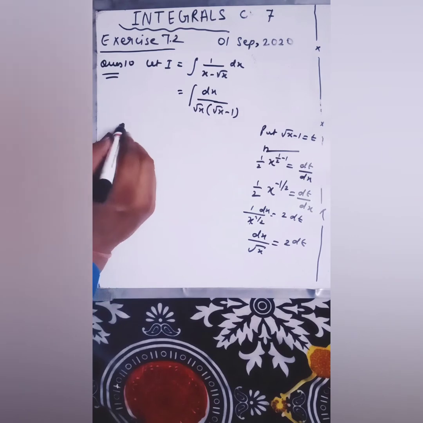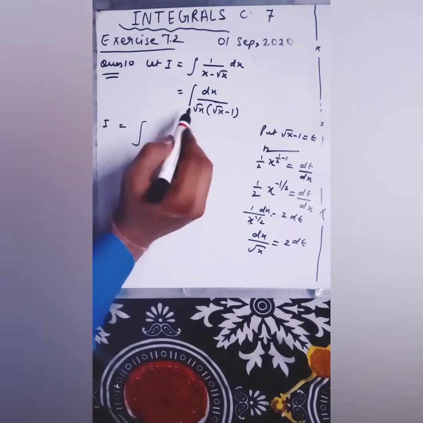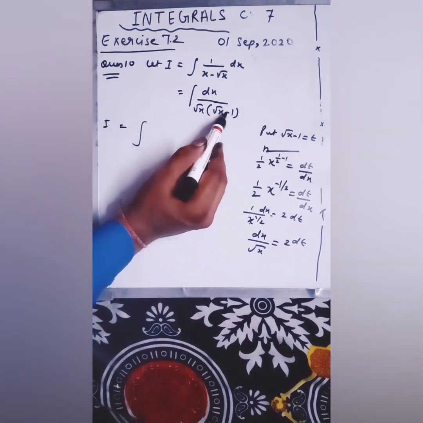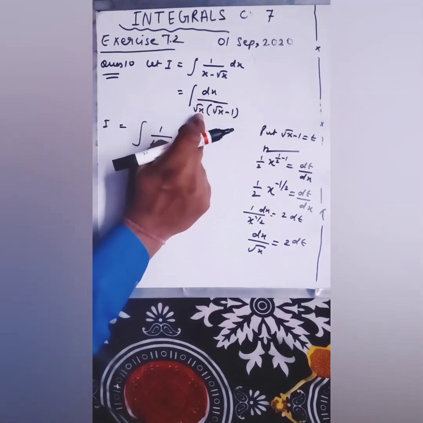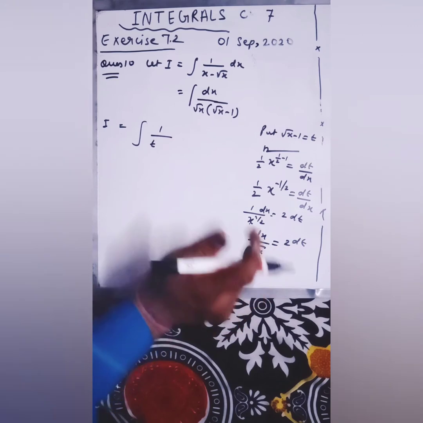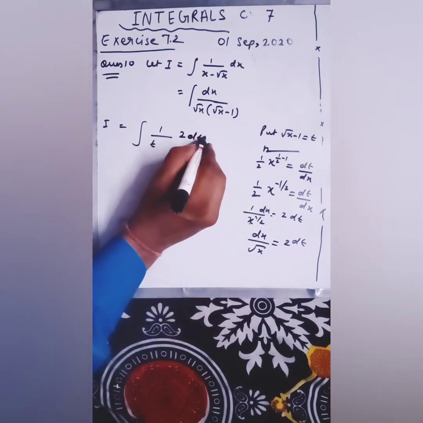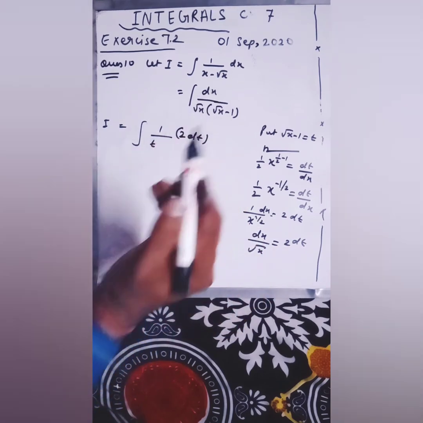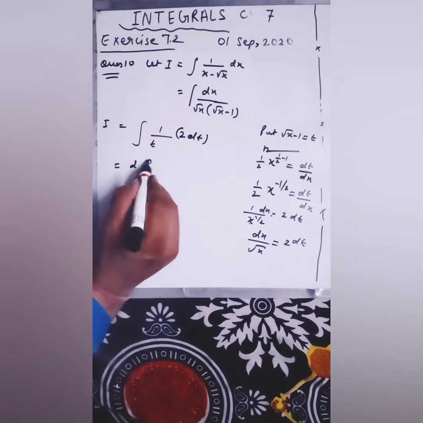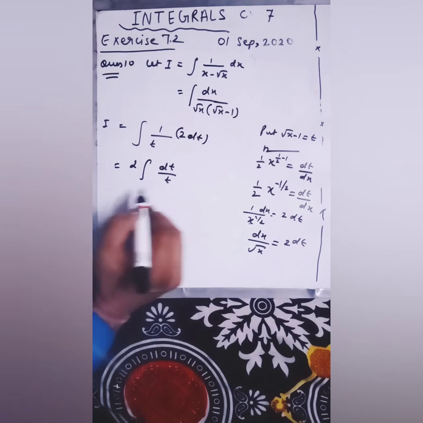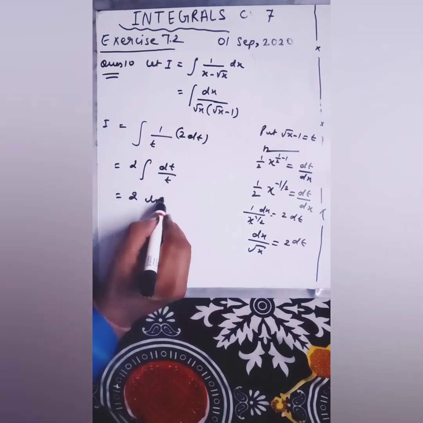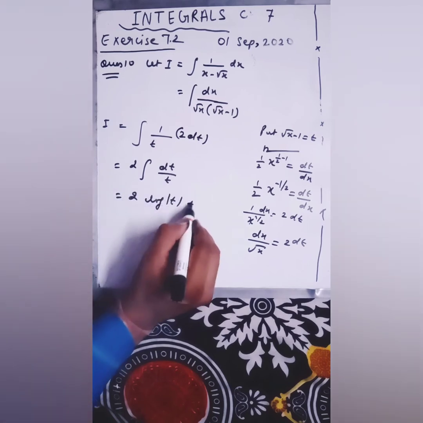Now come to this point. Root x minus 1, that is your 1 upon t, and dx upon root x is 2 into dt. So you have to write 2 into dt in place of dx upon root x. So 2 is a constant, so it will come outside, and dt by t, and finally you will get log t plus c.